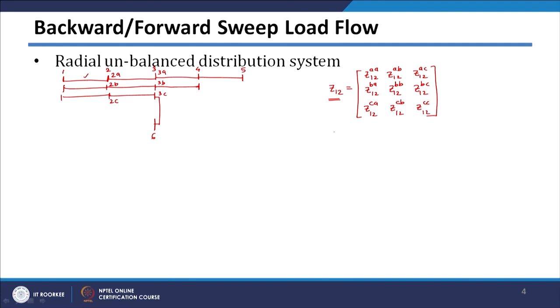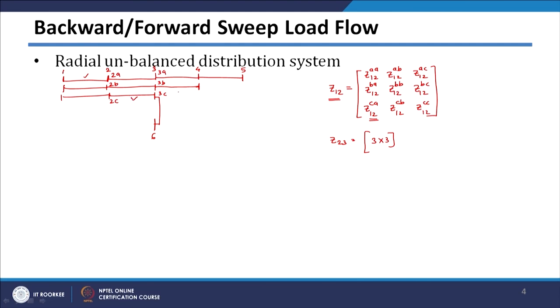In exactly the same way I can write Z23, which will also be of 3 by 3 size. However, I need to change only the index here, it will become 2 3, otherwise it will be the same. And if it has the same structure, the same matrix can be used for this section also.